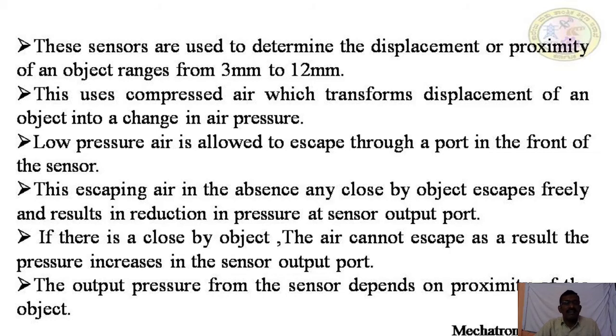If there is a close by object, the air cannot escape. As a result, the pressure increases in the sensor output port. Hence, the output pressure from the sensor depends on the proximity of the object.